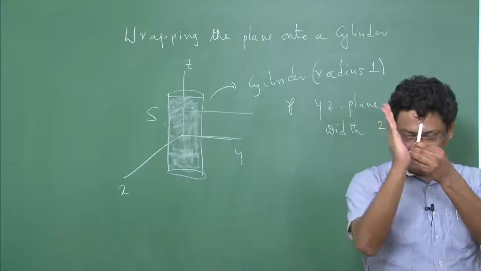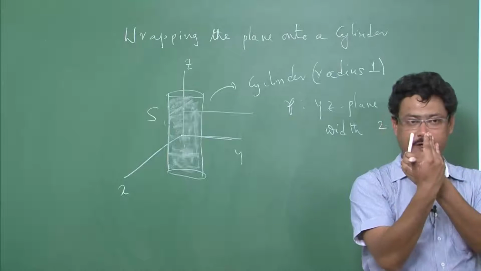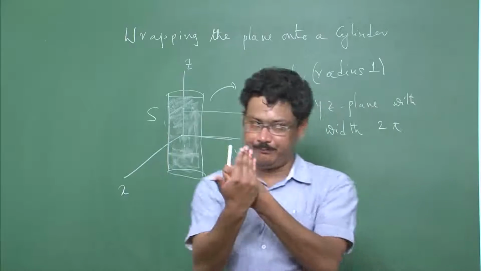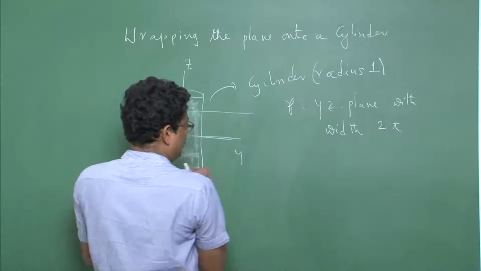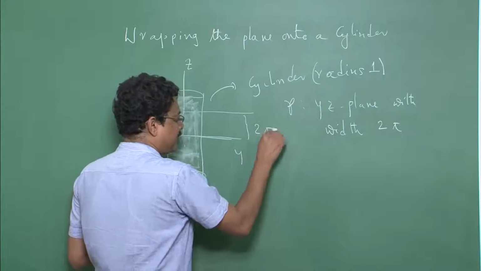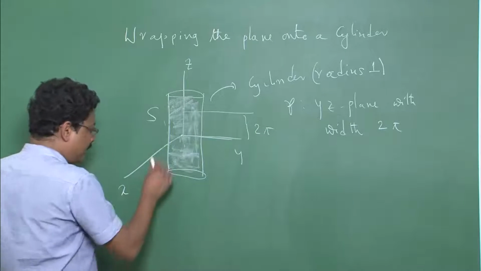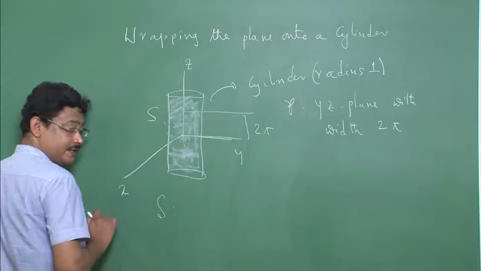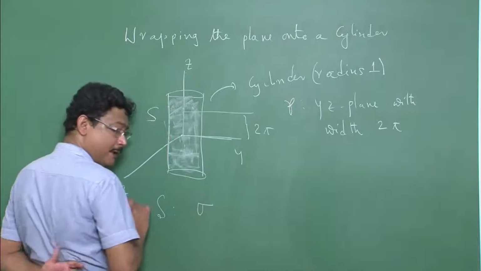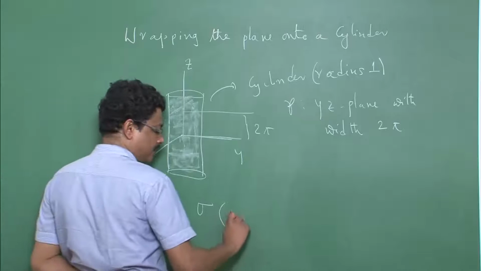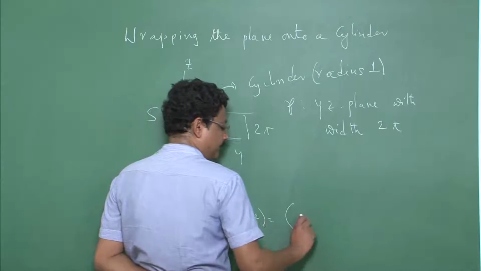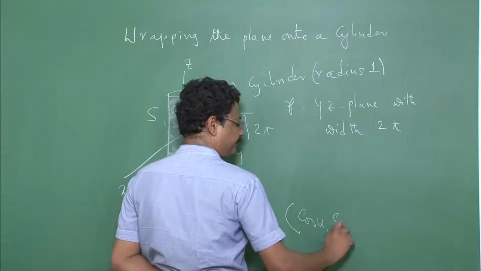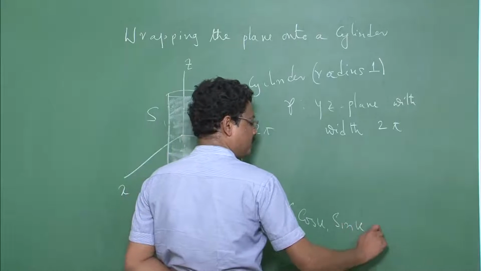I am trying to wrap the plane onto the cylinder smoothly. Now, as you can see very easily, S can be parameterized by a single surface patch, that is cos u, sin u, v.